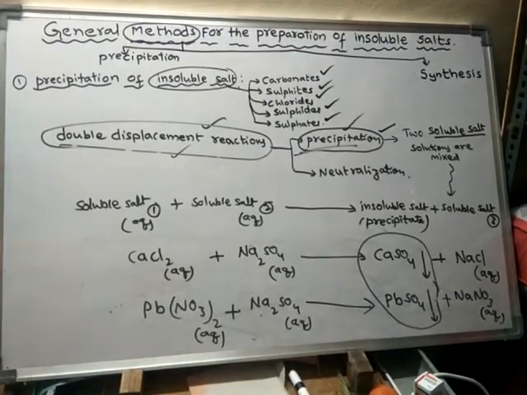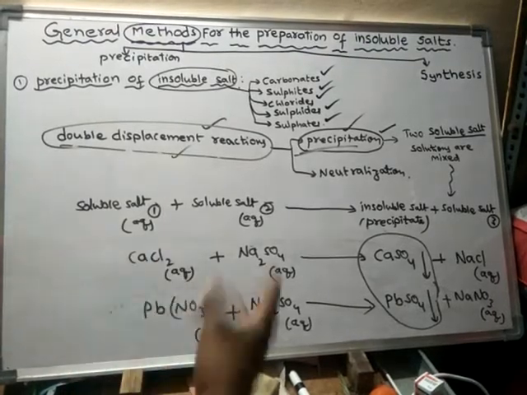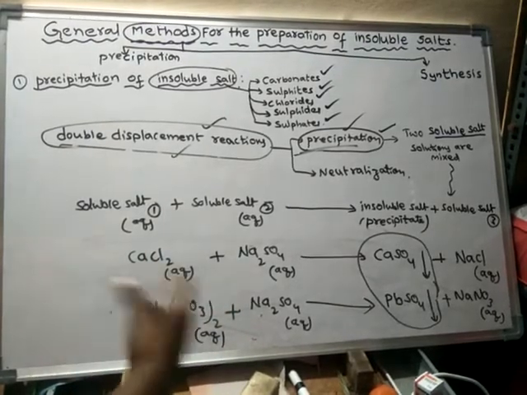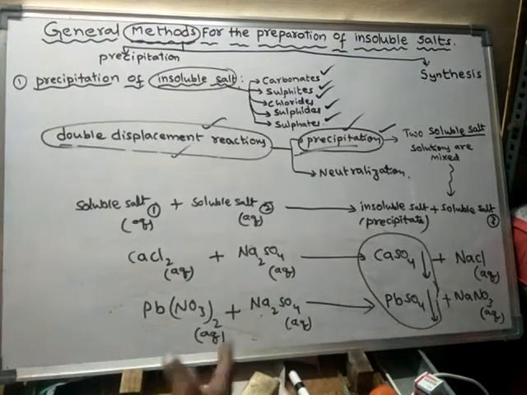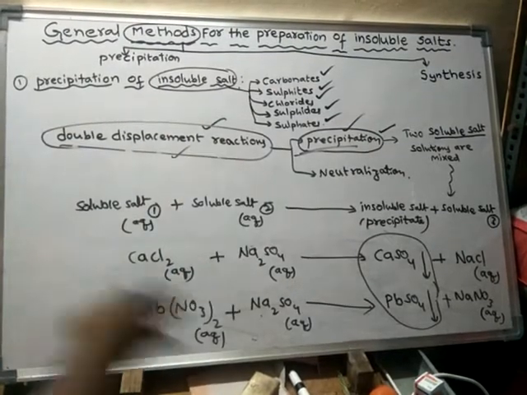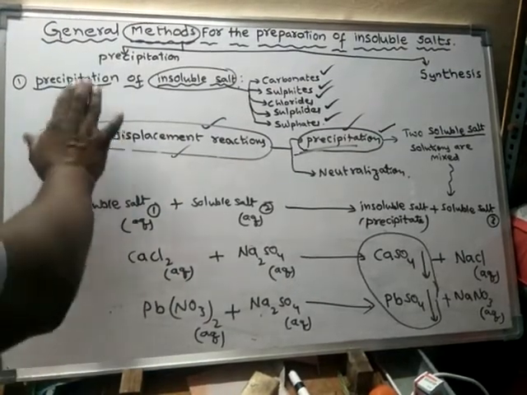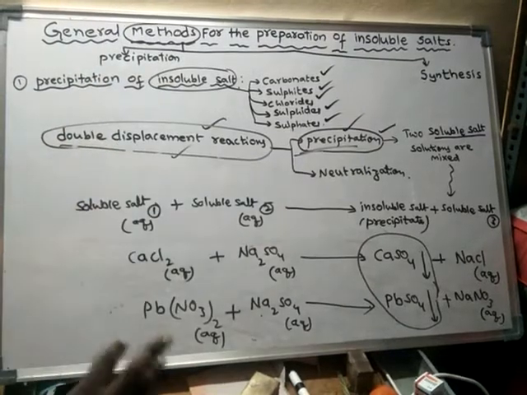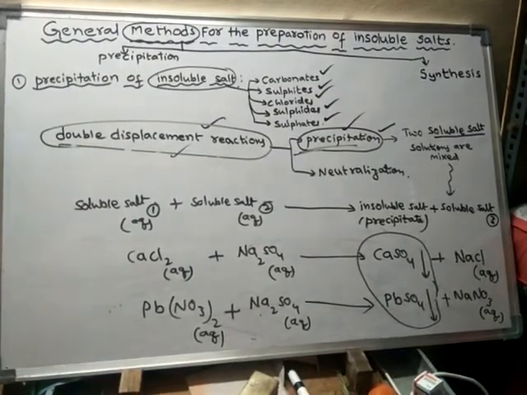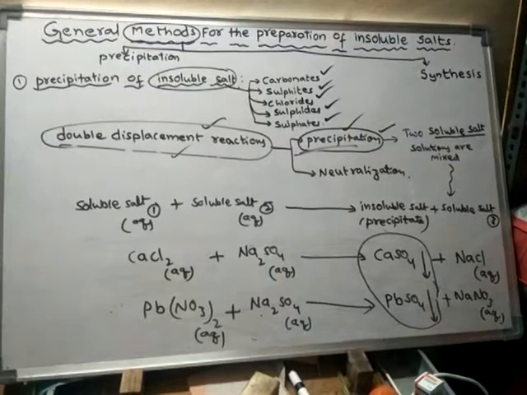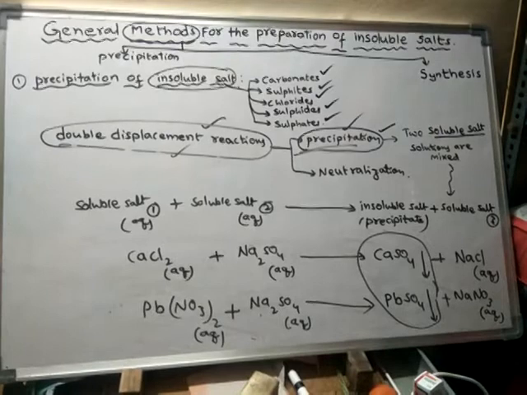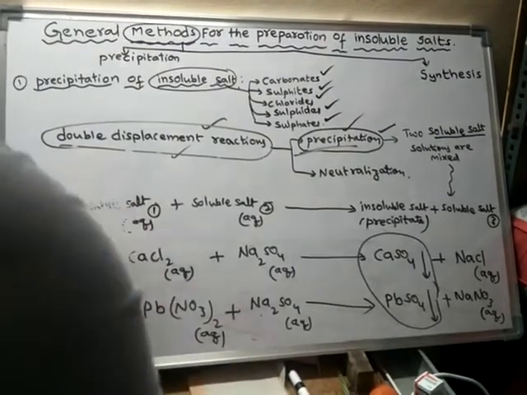So let us learn the preparation method of one salt. We will learn how the actual method goes step by step. That means preparation of an insoluble salt. Take any one specific salt and prepare it. So let us take lead carbonate.